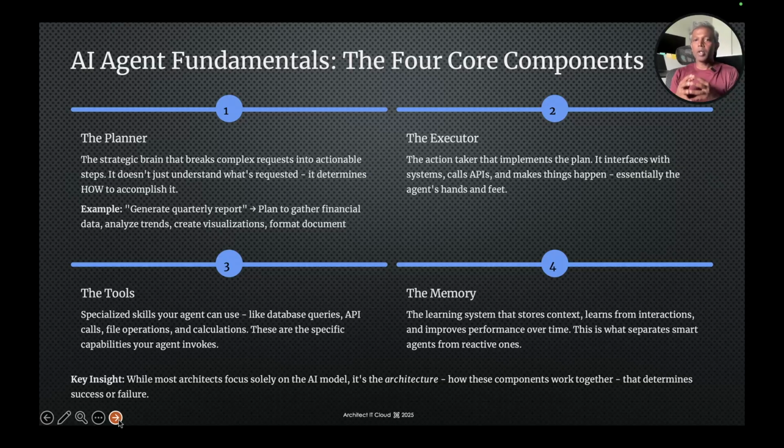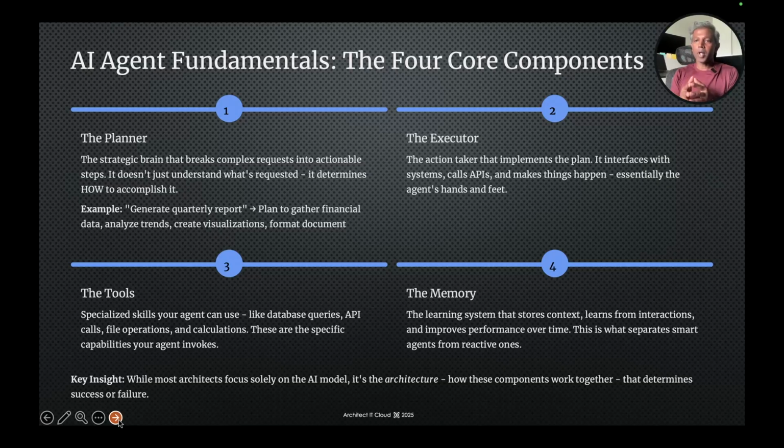These are all the things that you must have in the executor component of your AI agent architecture. Essentially, this is your agent's hands and feet. This is the one that is going to work on the tools and memory. It is going to create an effective report for your sales team, as an example here.